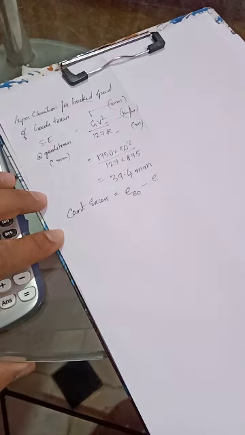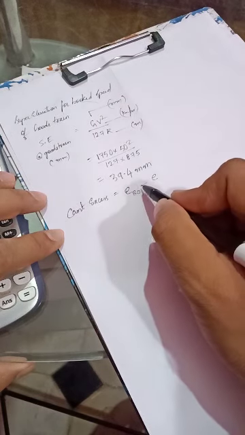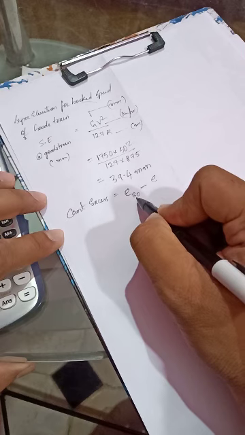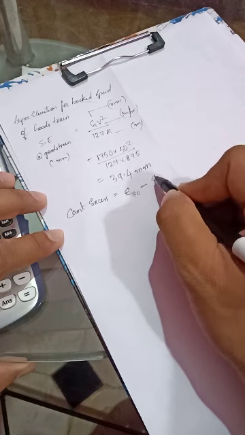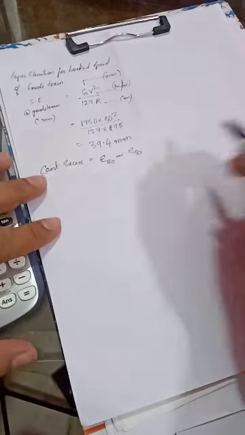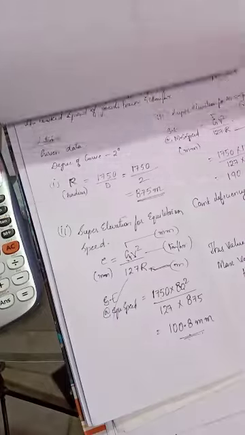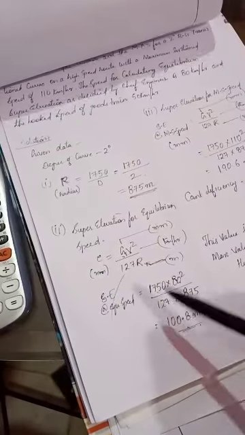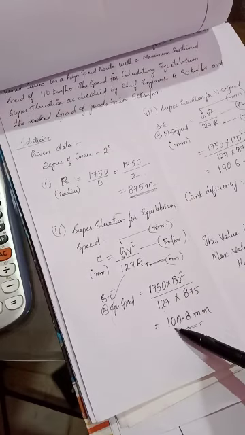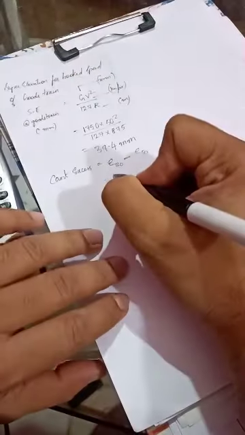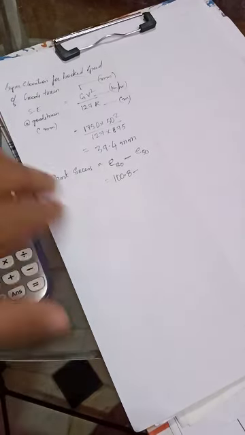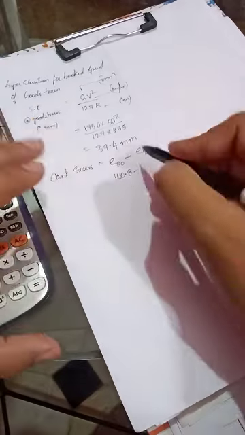Super elevation is also denoted by E. Super elevation at 80 km per hour minus super elevation for goods train at 50 km per hour. What is super elevation for 80 km per hour? We have seen over here, it is 100.8, minus super elevation at 50 km per hour speed, which is 39.4.